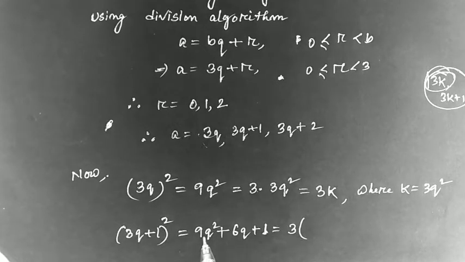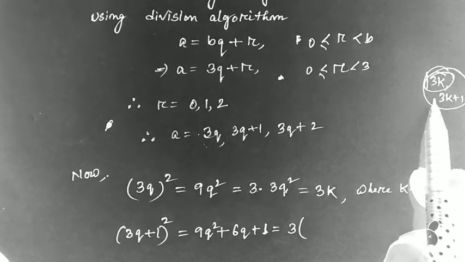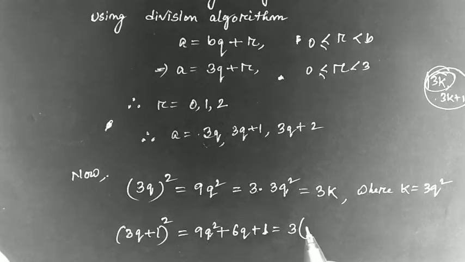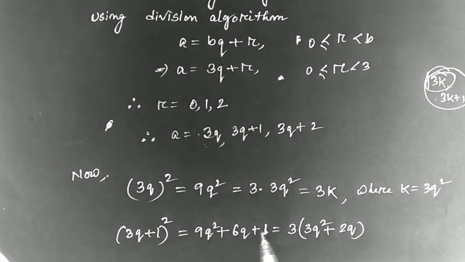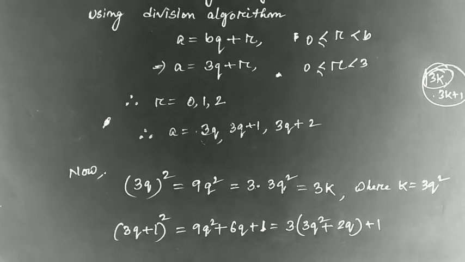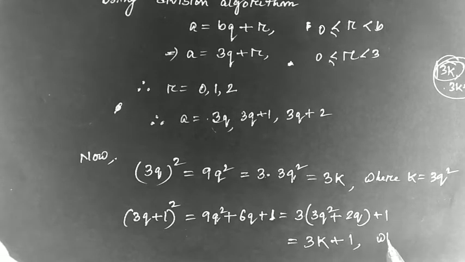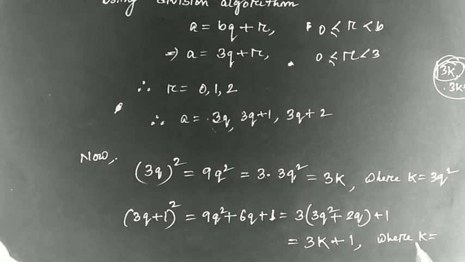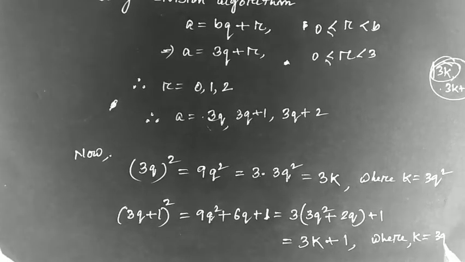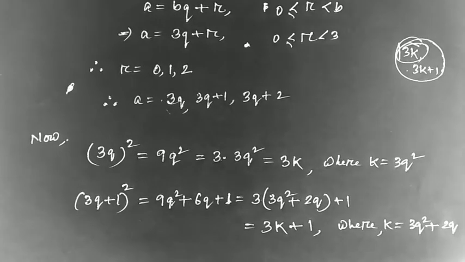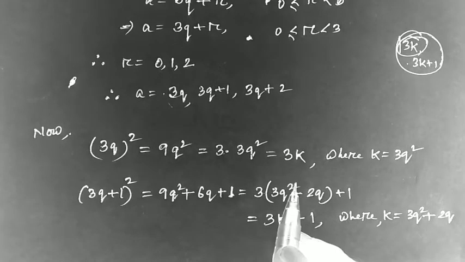Why am I taking only 3 common? Because we need only 3, no? So I am taking 3 common. So here 3q square will remain and plus 2q, no? And this plus 1 is extra. And this can be written as 3 into k, and this one is plus 1, where k is equal to 3q square plus 2q, no? So second case is also proved.